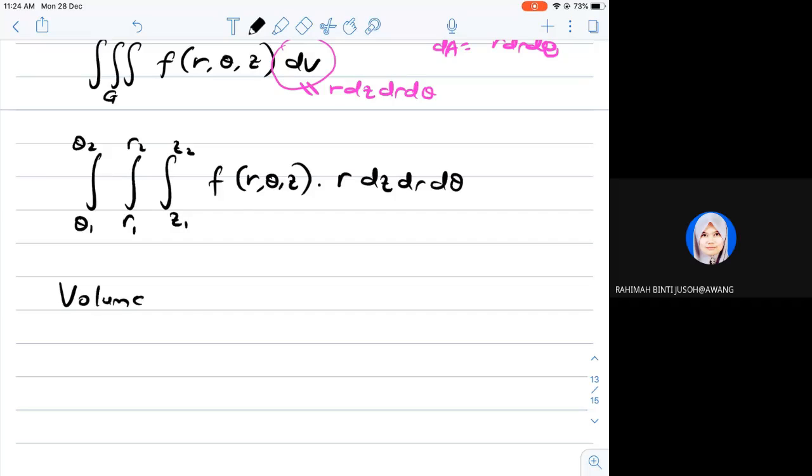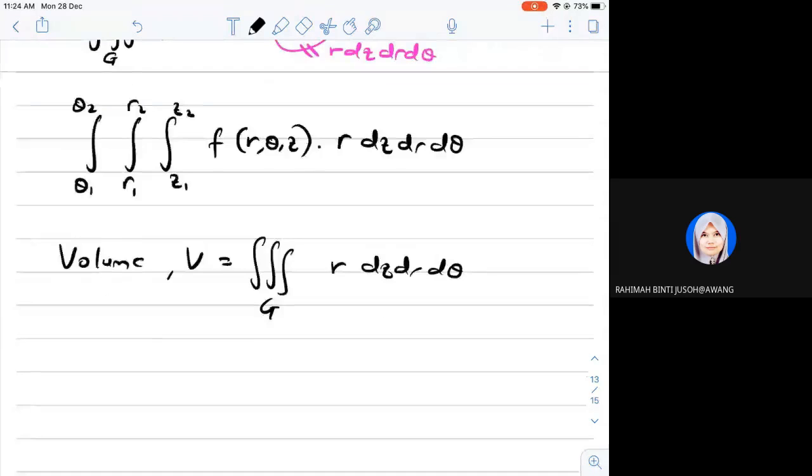So to calculate volume, it's just region G, and we don't have any function, straight away r dz dr d theta. There is no function in the middle. Remember that for the volume of a triple integral, with no function, it is equivalent to 1, where we can consider that f of r, theta, z equals 1. So that's the volume. The one above means something else; it's not volume. The one below is the volume. This is not volume because there is a function in the middle.